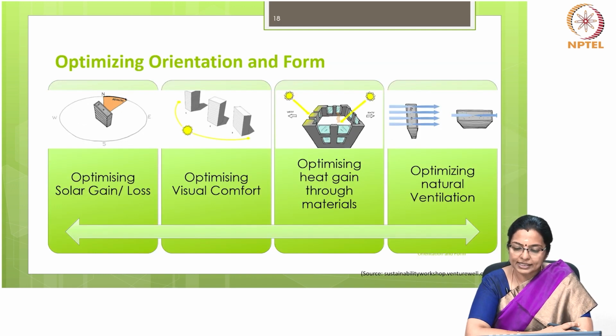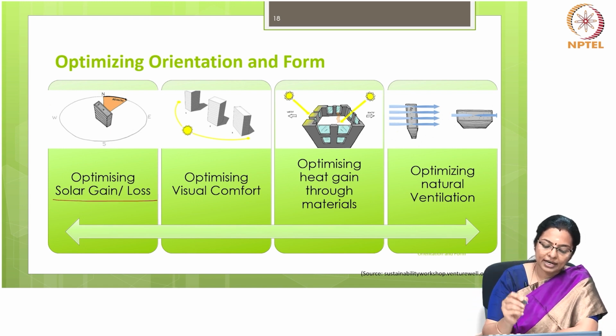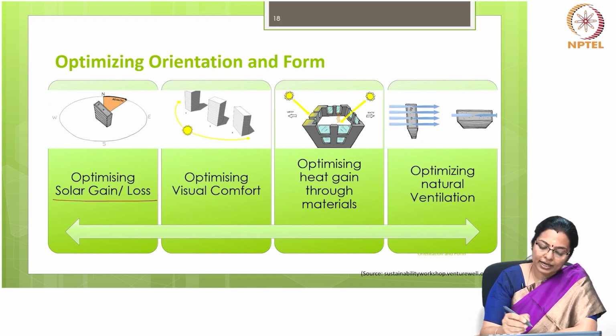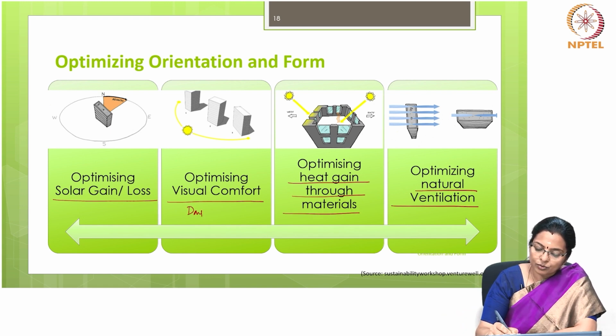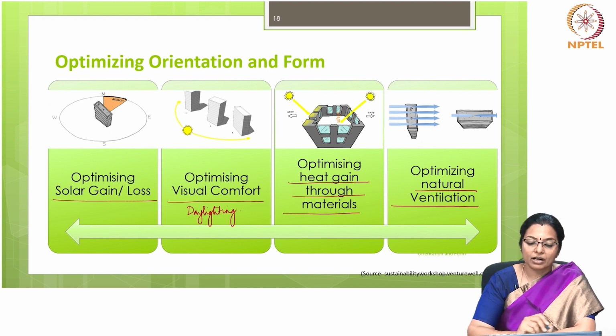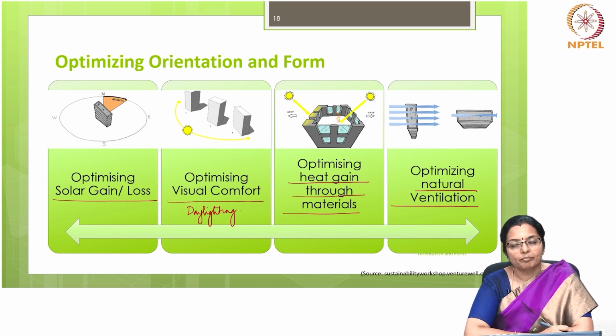So as I had already said, one needs to optimize building orientation and form for solar gain or solar loss, heat loss, for visual comfort, for optimizing heat gain through materials, and optimizing natural ventilation. So, for these four aspects, a building form must be optimized along with its orientation.